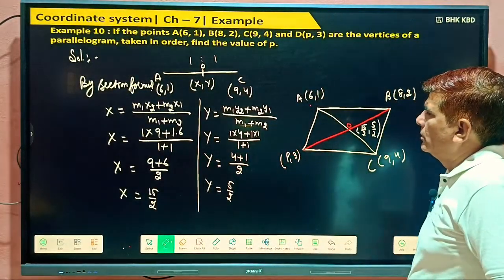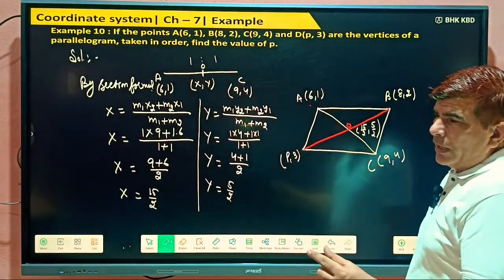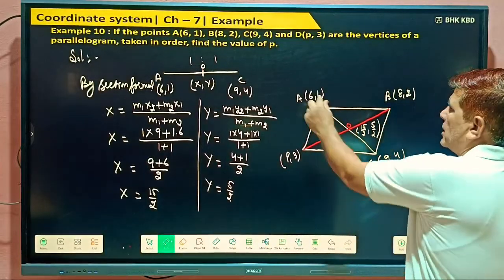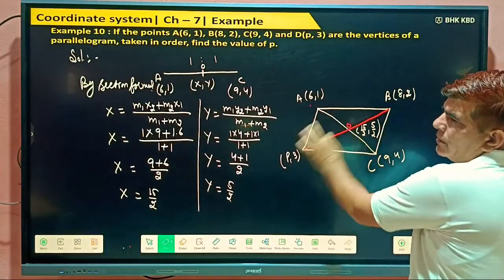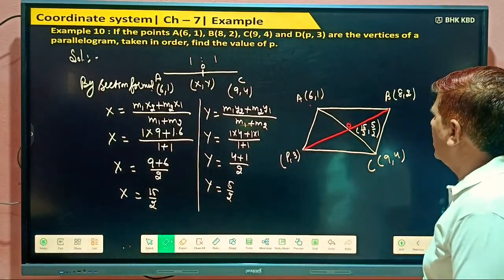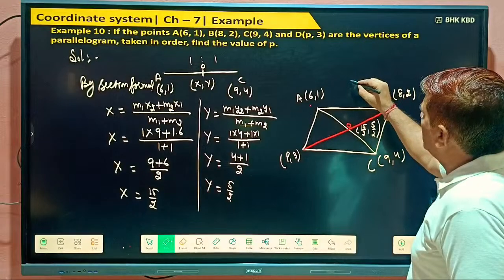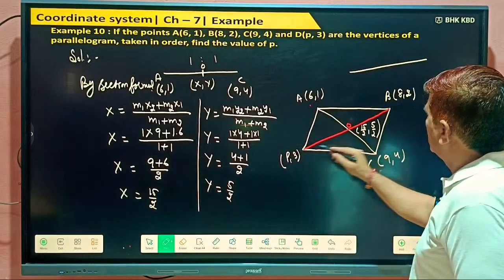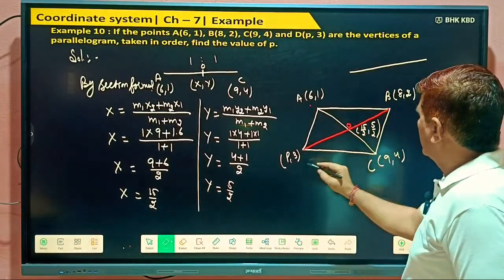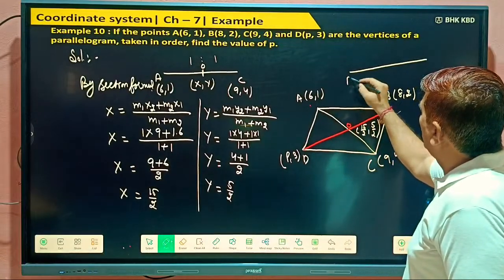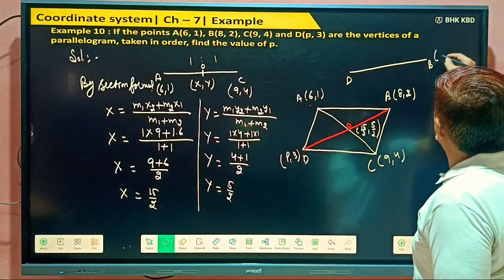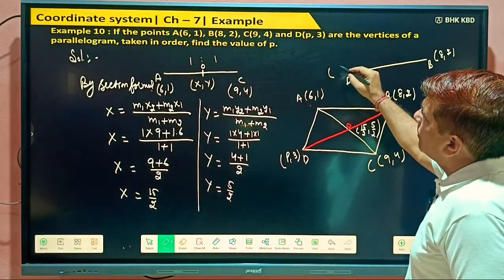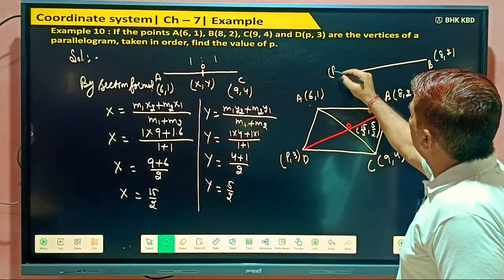Understood? One more formula we can use here to find it directly: 9 plus 6, 15 by 2. Because it's a midpoint, we can directly apply the midpoint formula also. So here, this is another line segment, DB. The coordinates of B are 8 and 2, and D is P and 3.